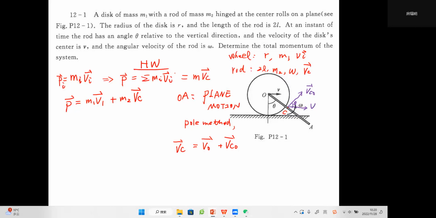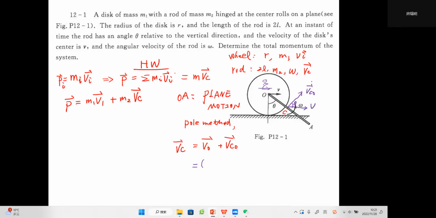So we should find a very clear method to denote this absolute velocity that we see. Can you guys understand? We can write VC equal VCO, where VCO is the relative velocity of point C relative to point O. You can think of it as if you are a Superman sitting on this disk, looking at point C. You will find that C has a fixed angular velocity, just omega.